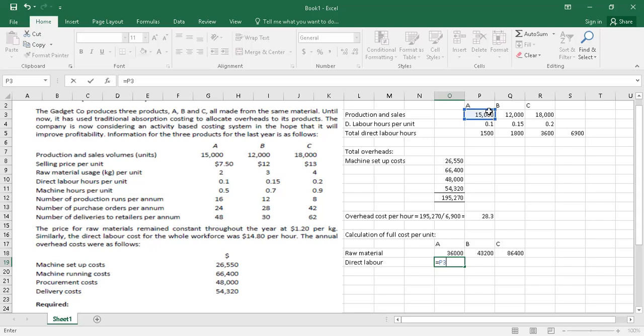We already have the direct labor hours, so it is equal to this into 14.80.